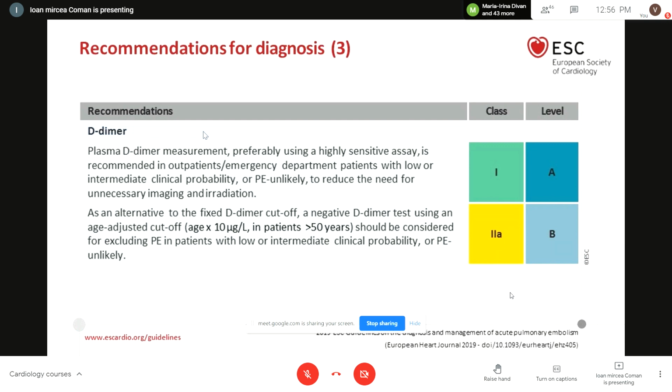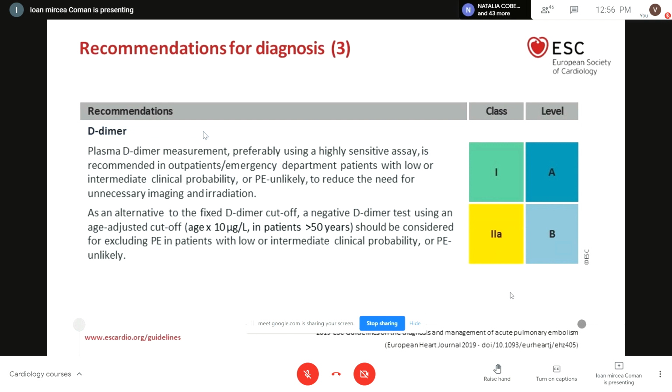but if we have a low probability of pulmonary embolism and D-dimers, high sensitive assays, are negative, then we should exclude a pulmonary embolism.